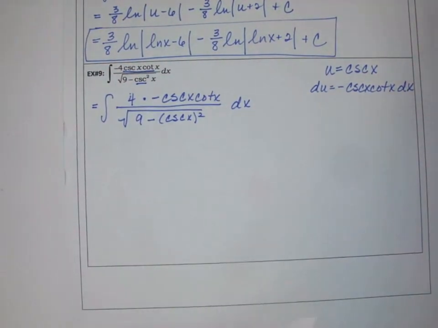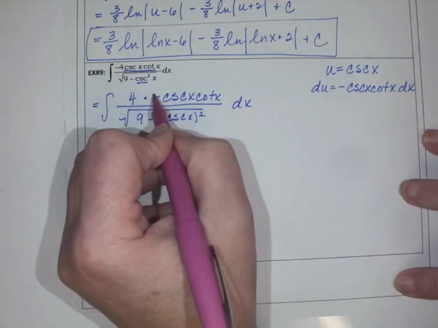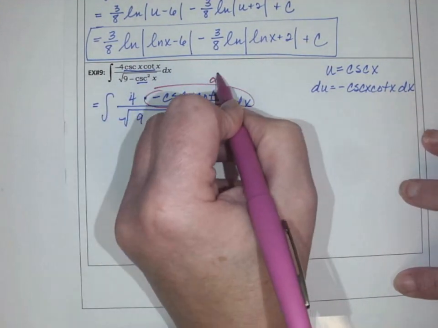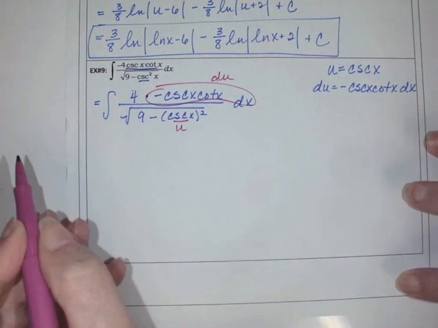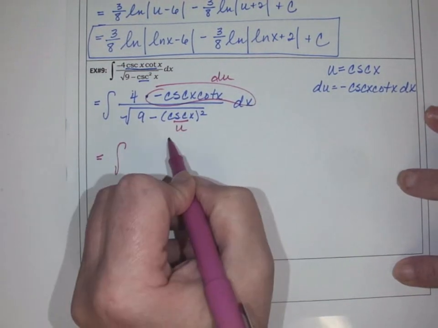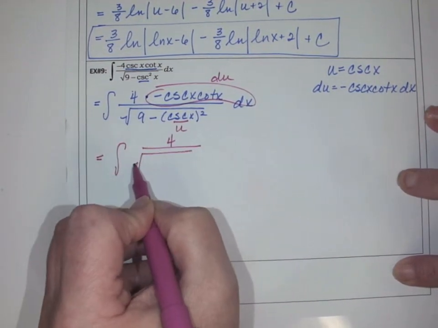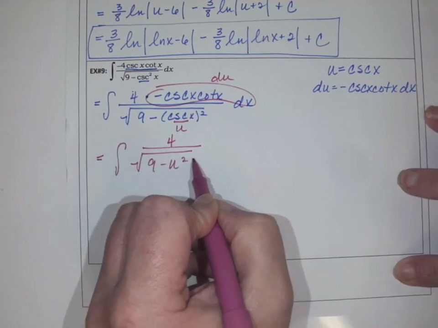Okay, so when I go do my substitution, this is all my du and this is my u. So I end up with the integral of 4 over the square root of 9 minus u squared du.